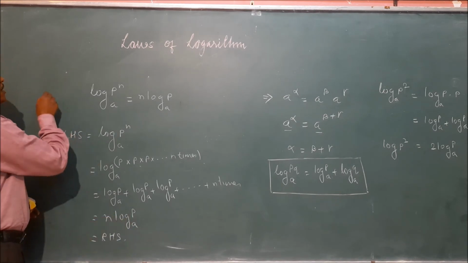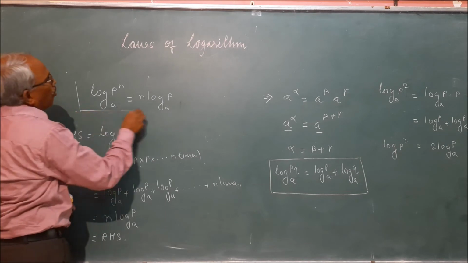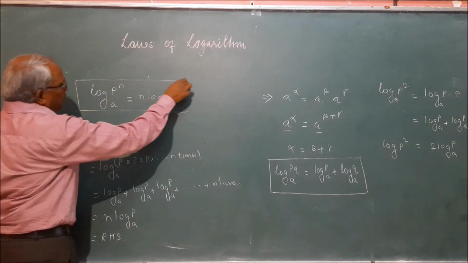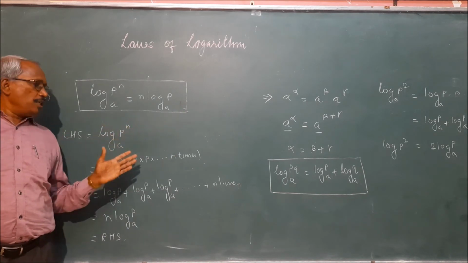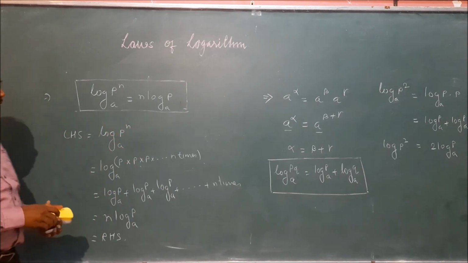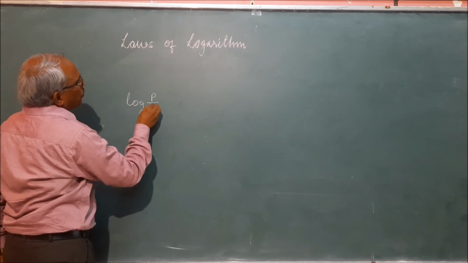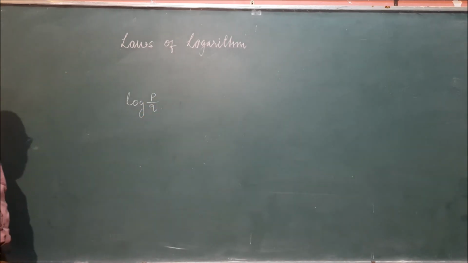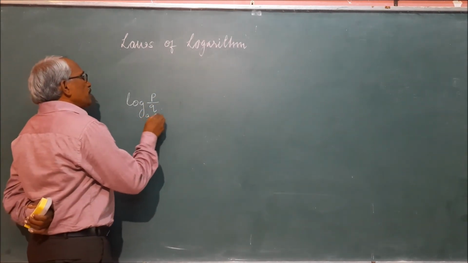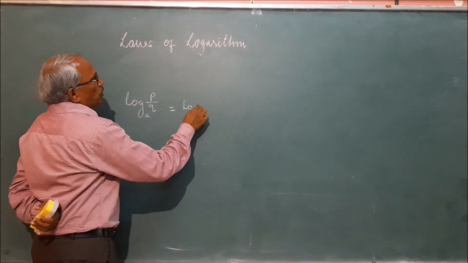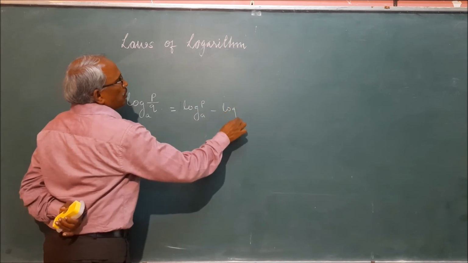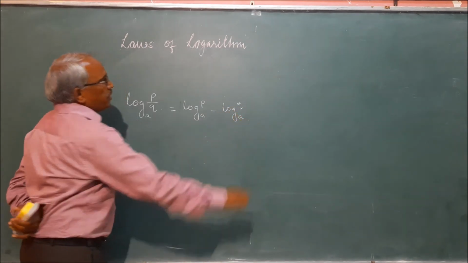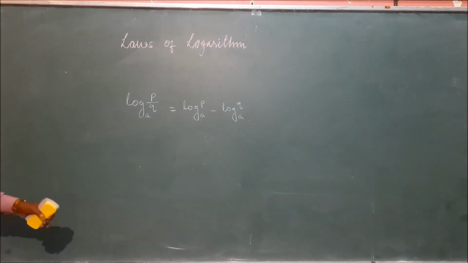So this implies log of P raised to n to the base A is equal to n log P to the base A. Now if there is a quotient of two numbers to the base A, this is equal to log of P to the base A minus log of Q to the base A. So let us prove this also.